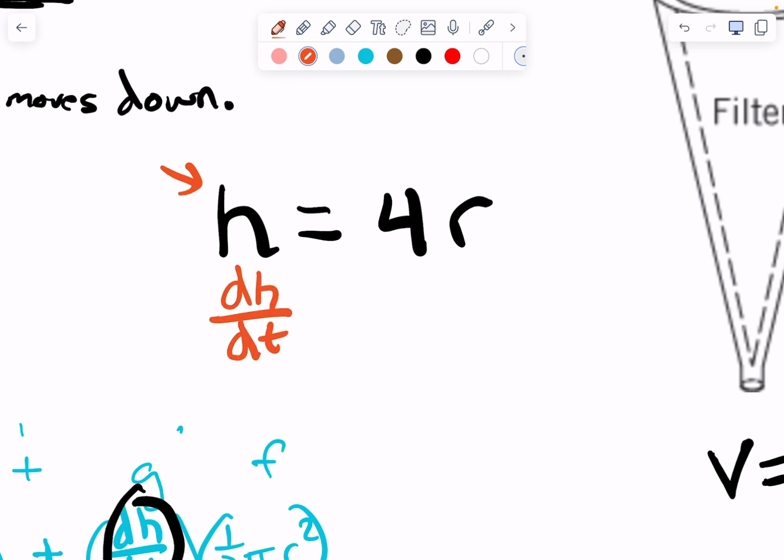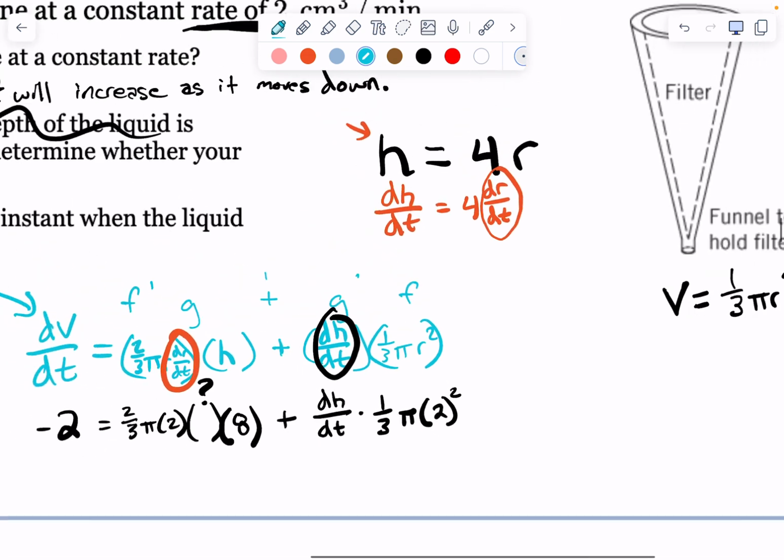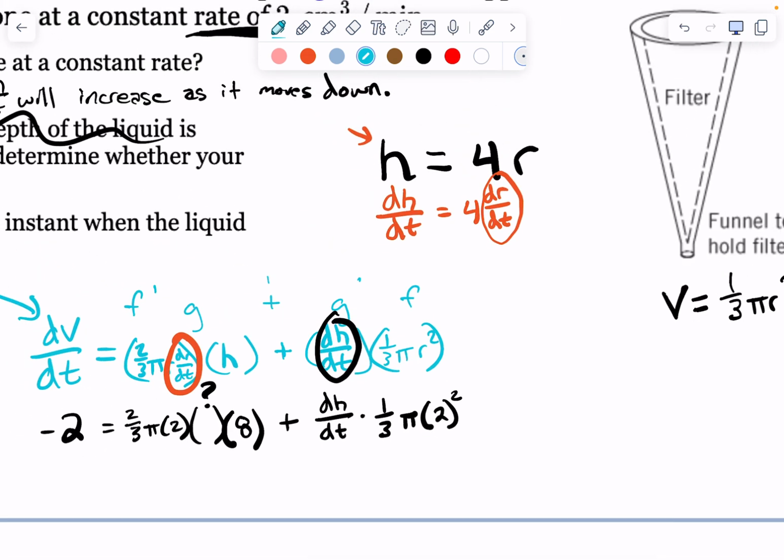What's the derivative of 4r? 4 dr dt, right? We don't know what dr dt is, but we do know dh dt is how much? Is dh dt 8?